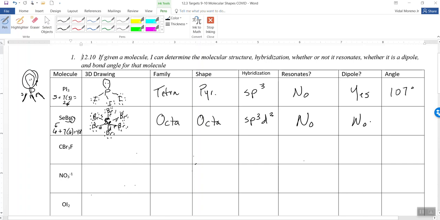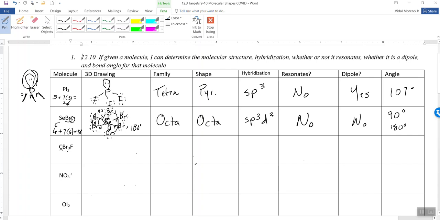Therefore, no, it is not a dipole. Angle, the in-between here is 90 degrees. Between the top and the middle is 90 degrees. Between the top and the bottom is 180 degrees. So it's 90, 180. That comes from your memory.